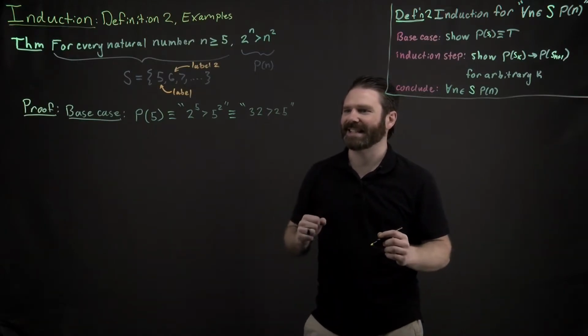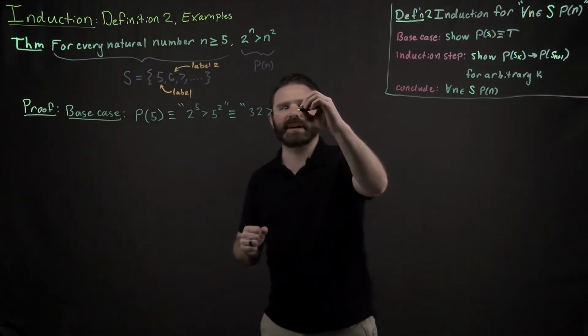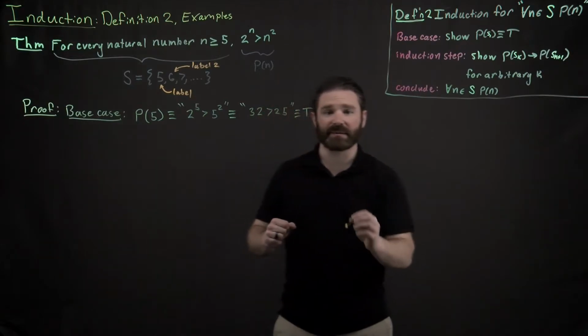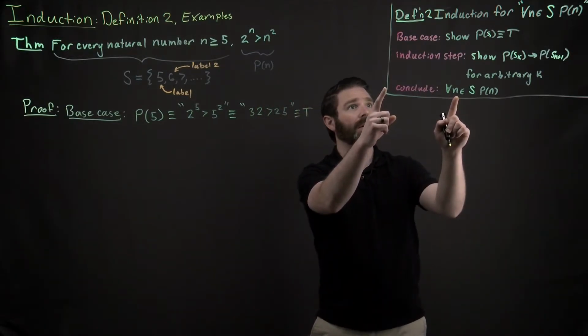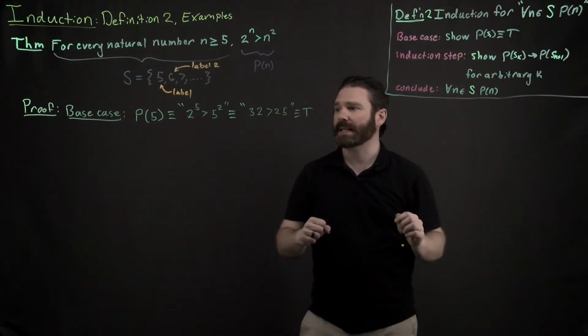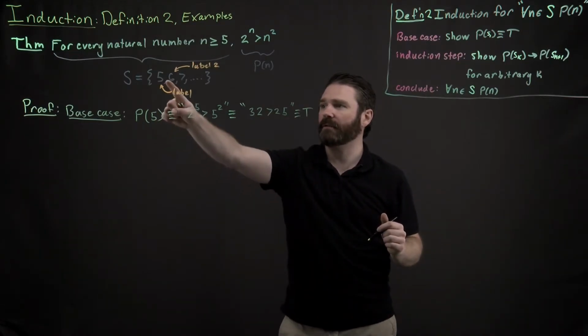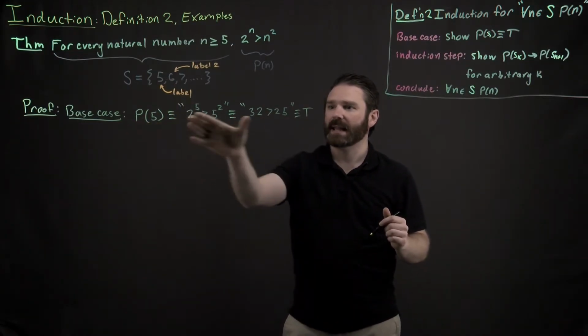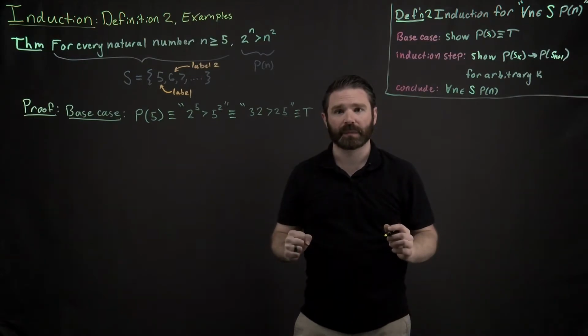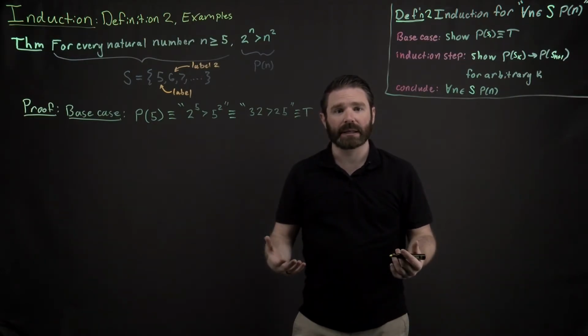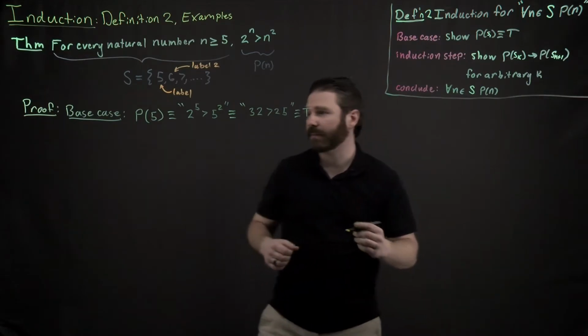And last I checked, yes indeed, 32 is greater than 25, so this is a true statement. So following our procedure, we have established our base case. We have shown that for the very first element of this set, that statement is true. So the next thing that we need to do is look at the induction step.